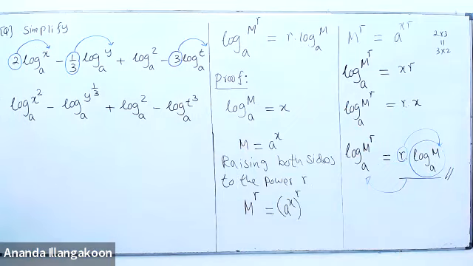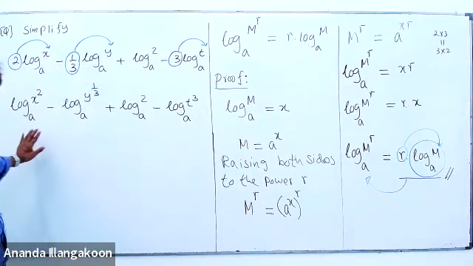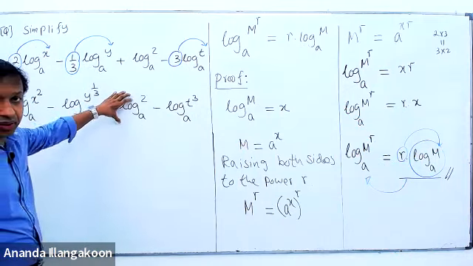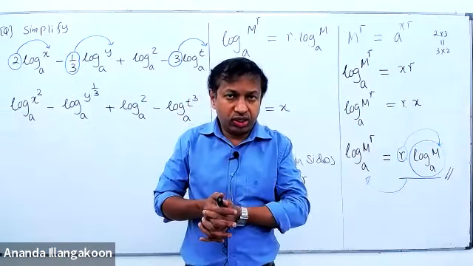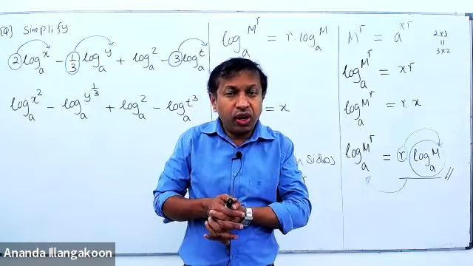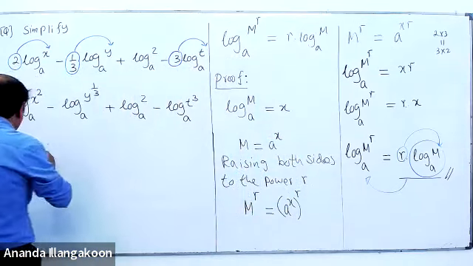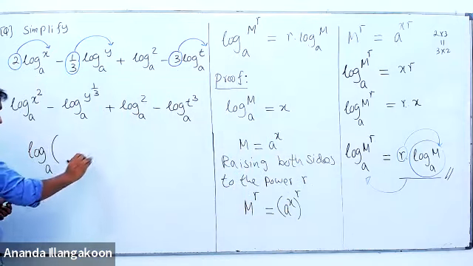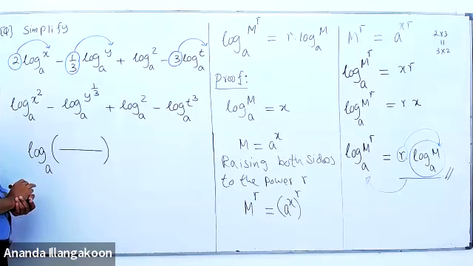Now we'll apply the earlier two laws together. In this expression, there are plus log terms as well as negative log terms. We learned earlier, people, when we have an expression containing positive and negative log terms, both types, we know how to write that expression quickly. How, people? We write log base a, open the bracket, numerator and denominator we form like this.